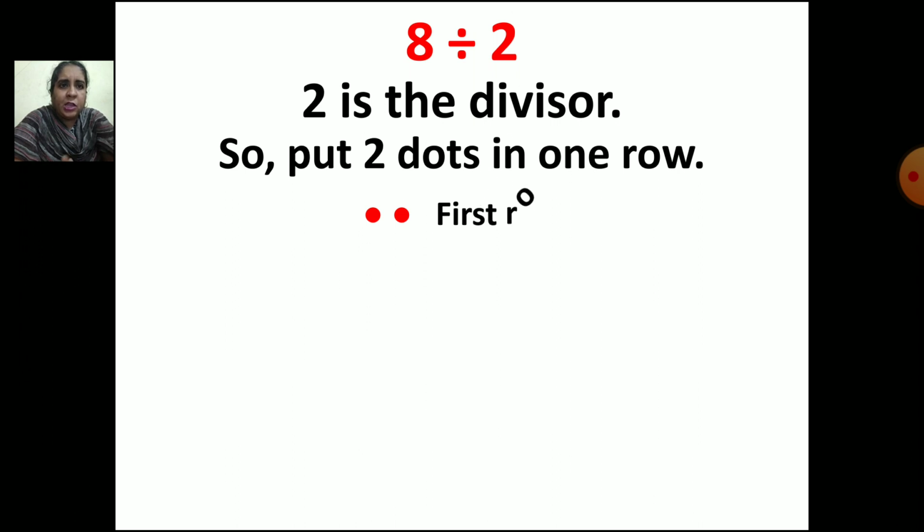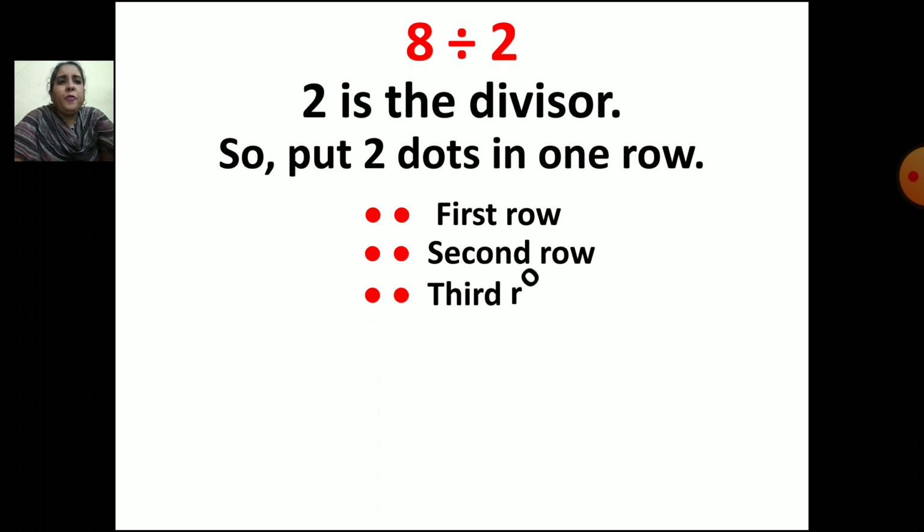That is the first row. Now we will put dots in the second row. So the second row also 2 dots. Now we will put dots in the third row. Now see, first row 2 dots, second row 2 dots, third row 2 dots. Now we are going to put in the fourth row. Again 2 dots.